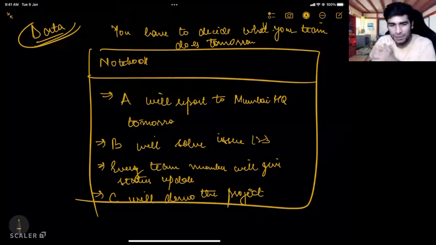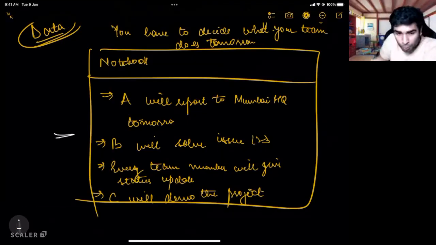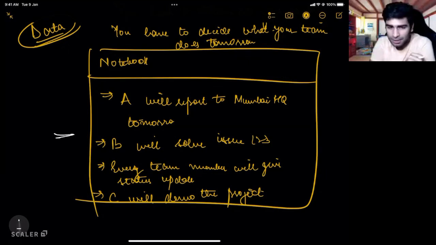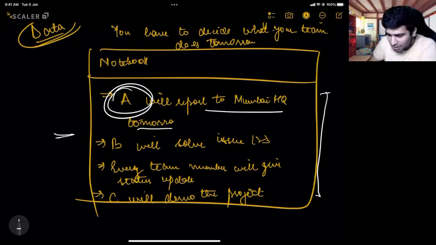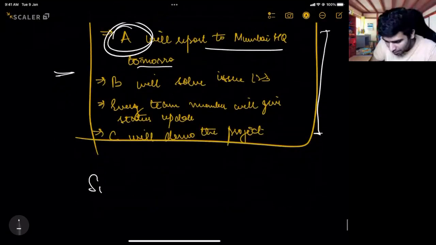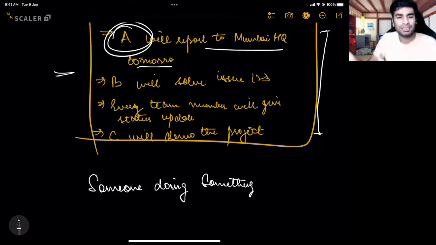Let us try to go into the detail of them. When you were describing what you wanted to happen in your team, how did you structure the sentences? Do you see that every sentence was structured as someone doing something? And it is not just you, this is how grammar is structured as well.